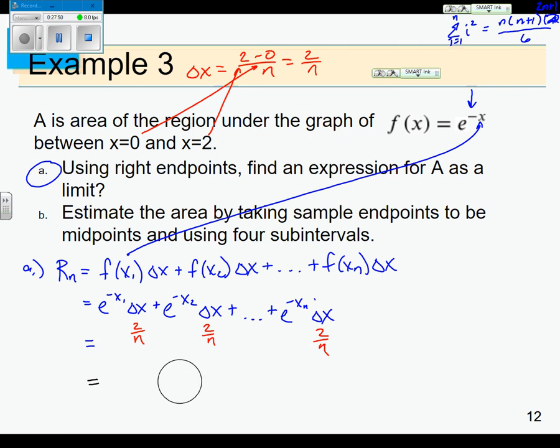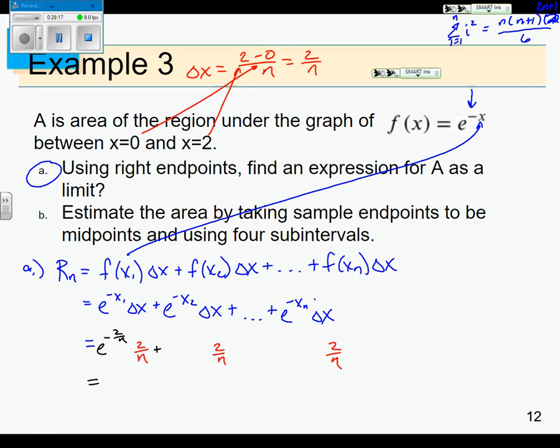Let me backtrack a little bit. I'm going to pull these 2 over n's down. I thought I was going to skip that step, and I don't think I'm going to be able to. Right, and then I want to rewrite my e to the negative. Well, instead of x1, we said that x1 would just be the 2 over n. So that would just turn into e to the negative 2 over n, plus e to the x2.